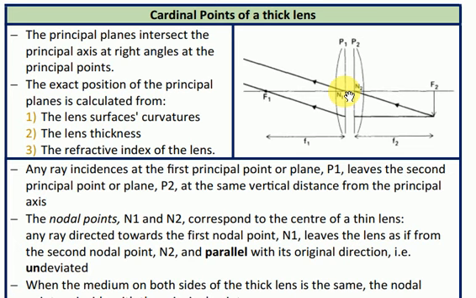When the media on the opposite sides of the lens are different, then the nodal points do not coincide with the principal points. The principal foci f1 and f2 have the same meaning as for the thin lens in chapter 5. The focal lengths f1 and f2 are measured from the principal points.